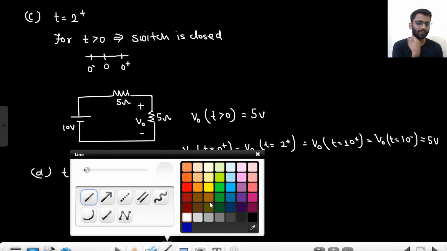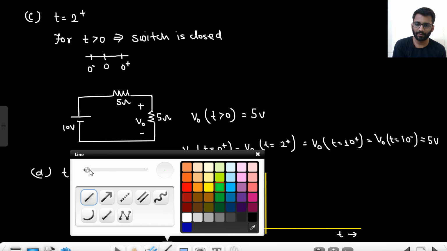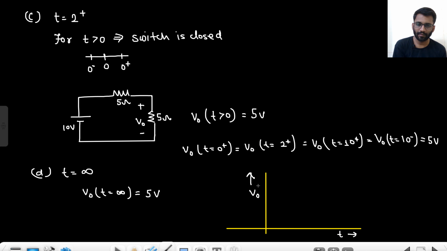So how will you make the graph of V naught? V naught was 0 for t less than 0, and suddenly it goes to 5 volt.